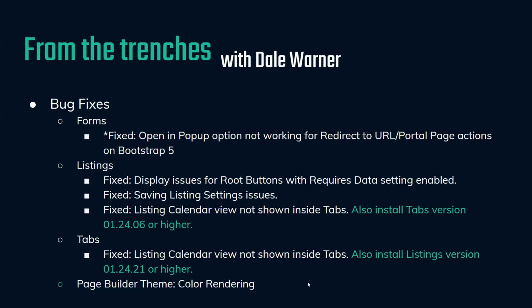And then there was a minor issue with the way colors were being shown in Page Builder. If you're using Page Builder and you changed the primary color, it might show the old default color before showing the color you selected. This improves that to show the color correctly.